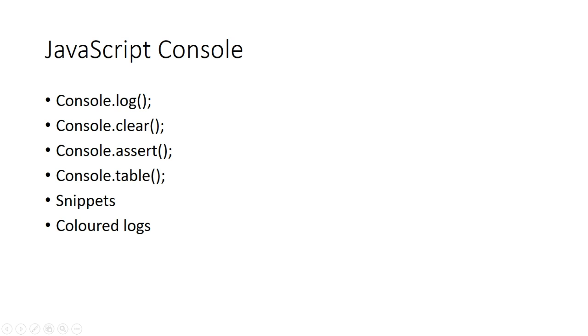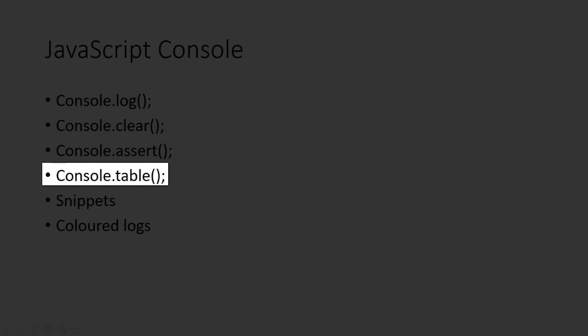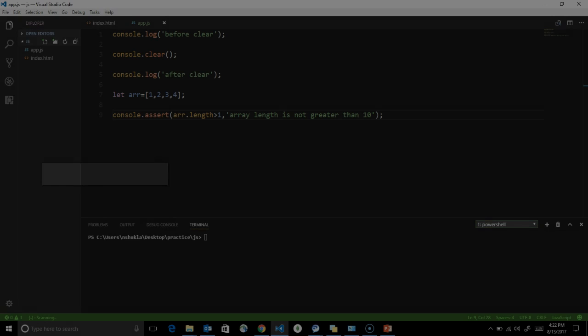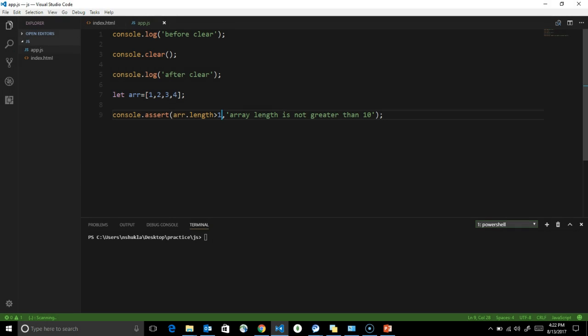Now we'll move to our fourth method, console.table. For using console.table we have to create a JSON file.